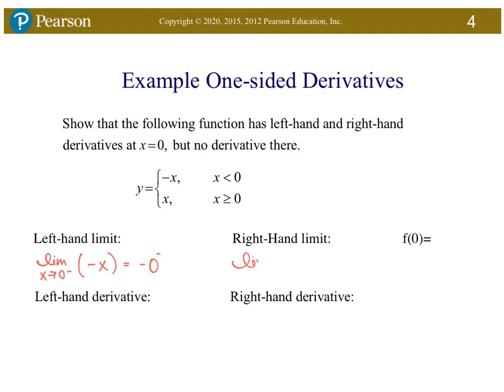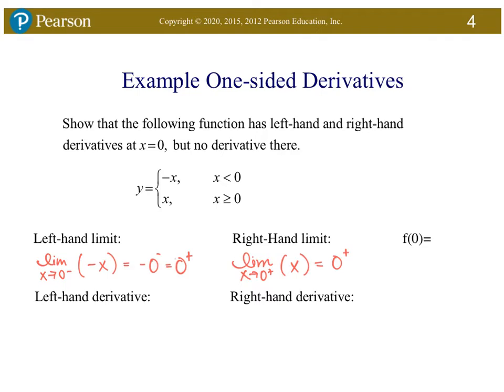When we check the limit to the right, we'll be using the positive x, and so we'll get 0 plus. Now, how do we compare these two things? Let's look back at the first one. What is negative 0 to the left? Well, that's a double negative. 0 to the left is negative, and the negative in front of it is also negative, and so this is 0 plus. And so those two things are equal to each other.